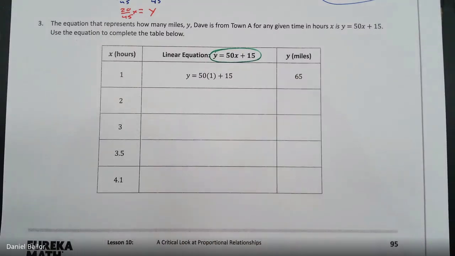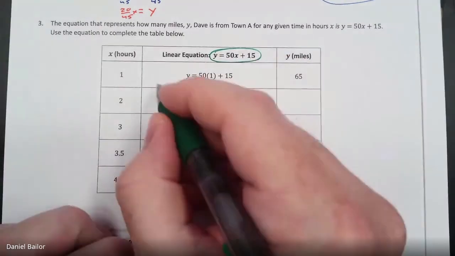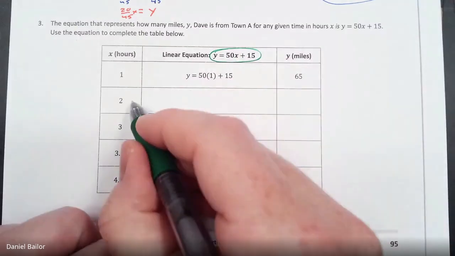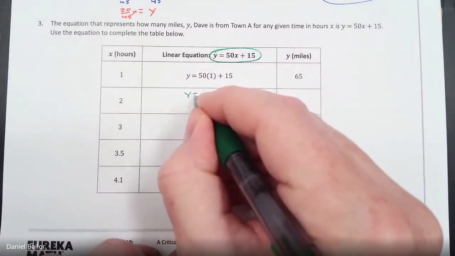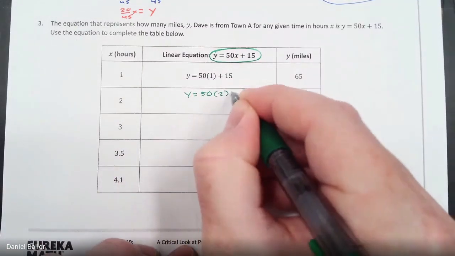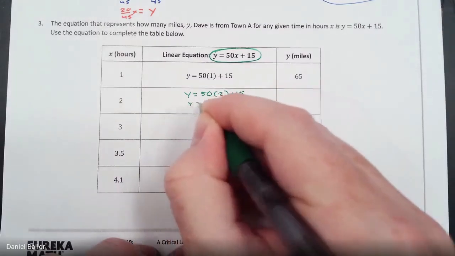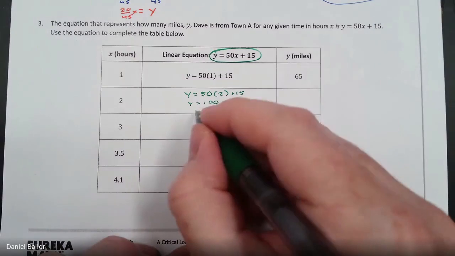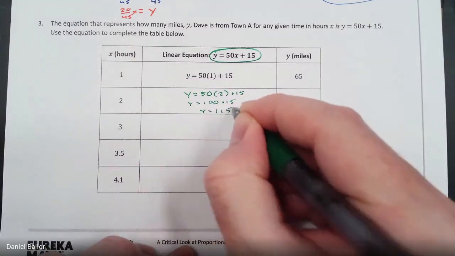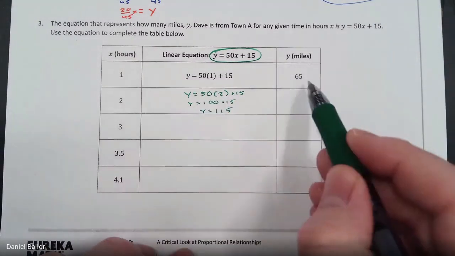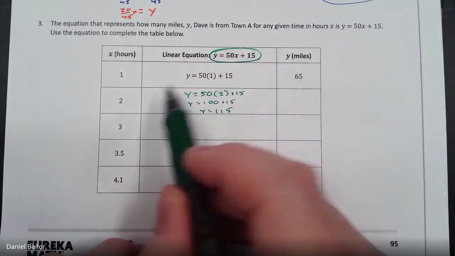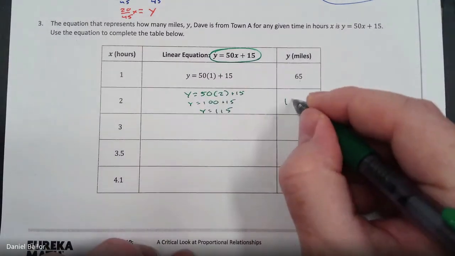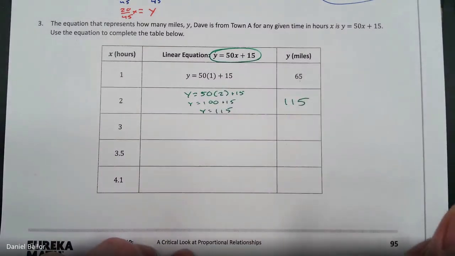In 2 hours, we use the equation. So x is going to be 2. Y is 50 times 2 plus 15. 50 times 2 is 100 plus 15. Y equals 115. So in 2 hours, Dave is 115 miles away.